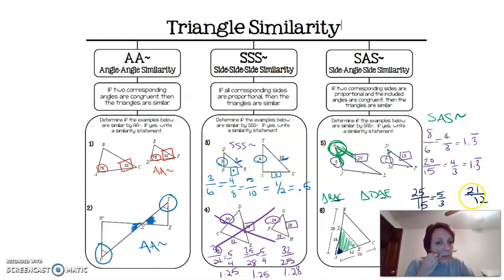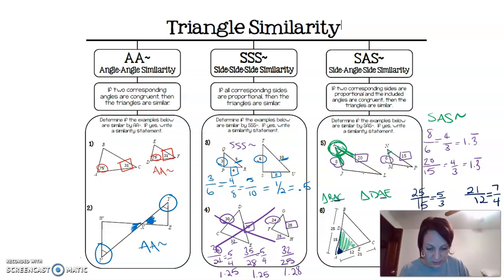So I have a problem. 21 over 12 doesn't reduce. The only thing, oh wait, yes it does. Oh, mommy. Okay, 21 and 12 are both divisible by 3, so that makes this 7/4. Okay, so just to double check myself, because apparently I forgot my multiplication tables there for a minute.